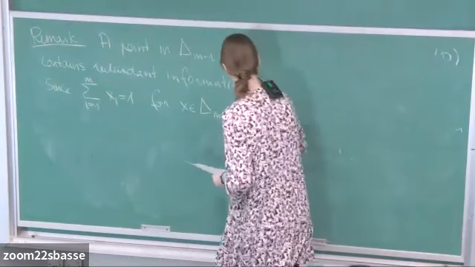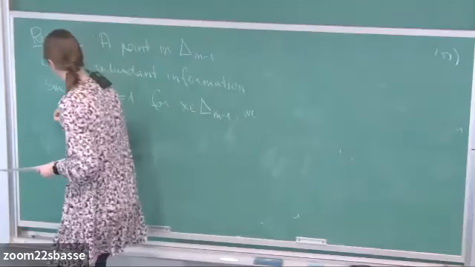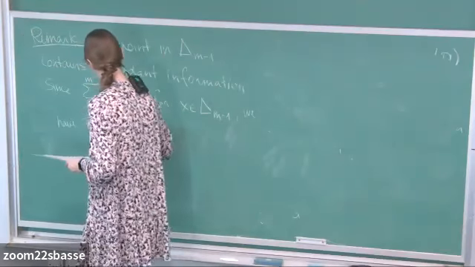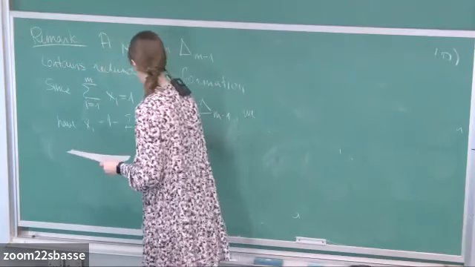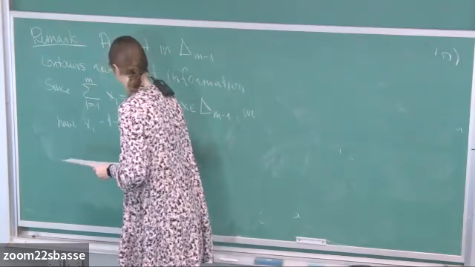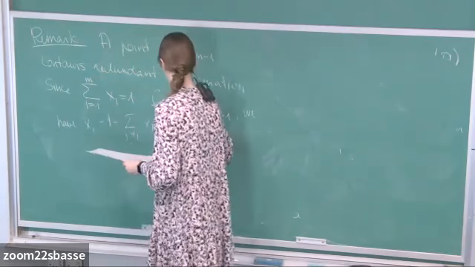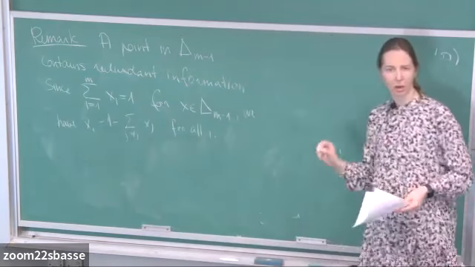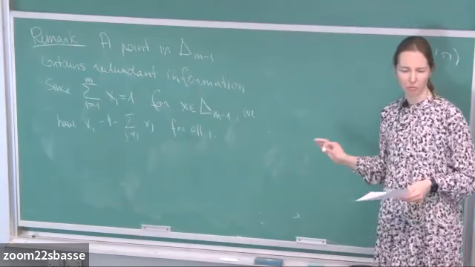We have that xi is equal to 1 minus the sum of all the other coordinates, so j not equal to i, for all i. So we could really leave out one of the coordinates and we have full information.